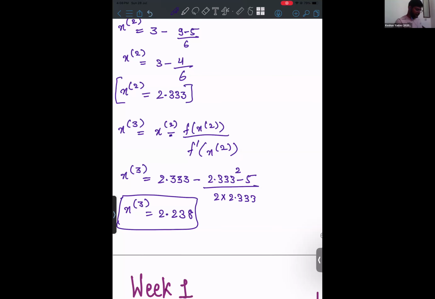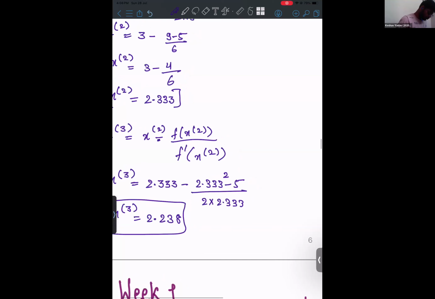So at the third iteration, we have found x equal to 2.238. So at the fourth iteration, what will be the value of x?